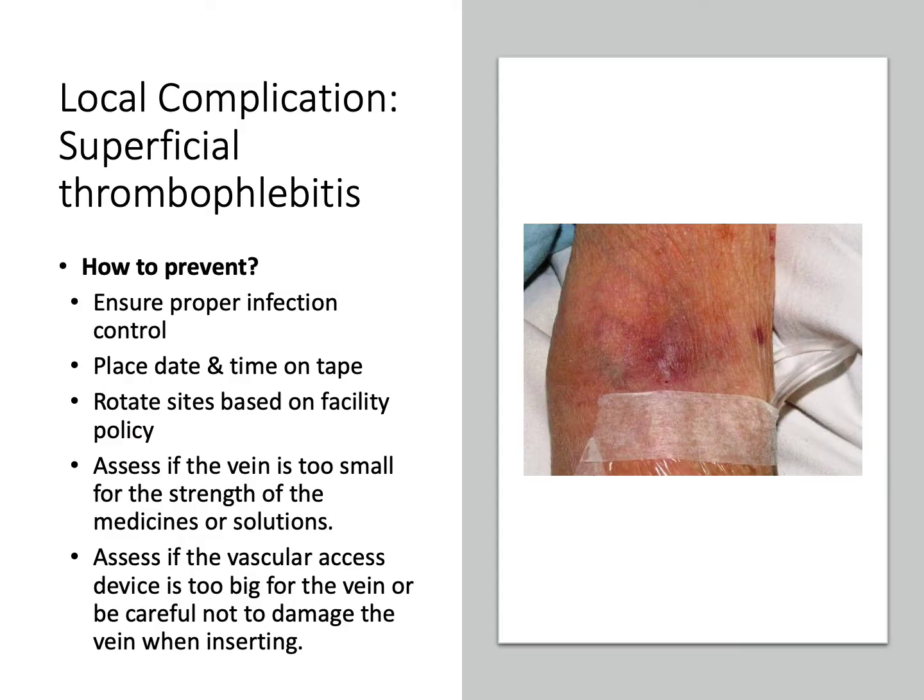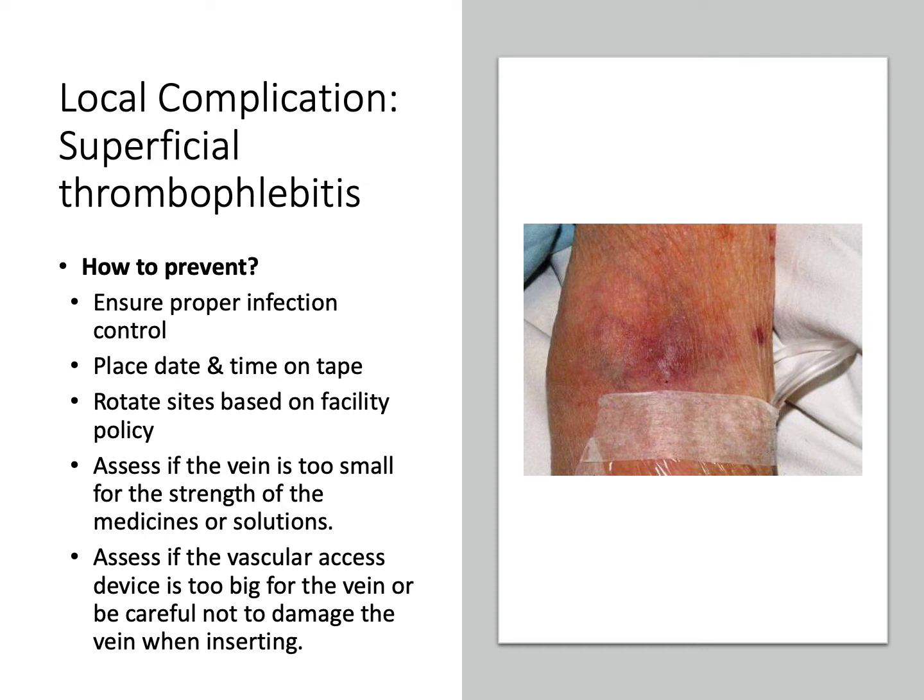I guess I talked already about how to prevent a phlebitis or a thrombophlebitis, but always ensure we have proper infection control. Hand hygiene is essential. Clean adequately, allow the area to dry, and don't recontaminate it before you insert the catheter.